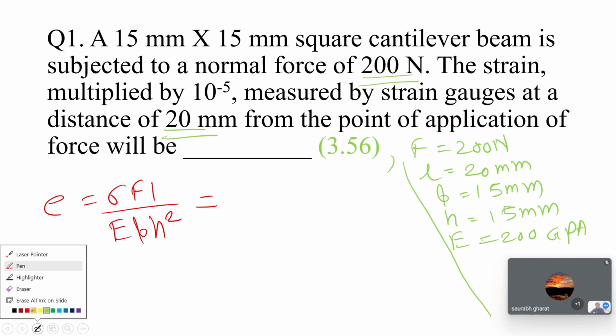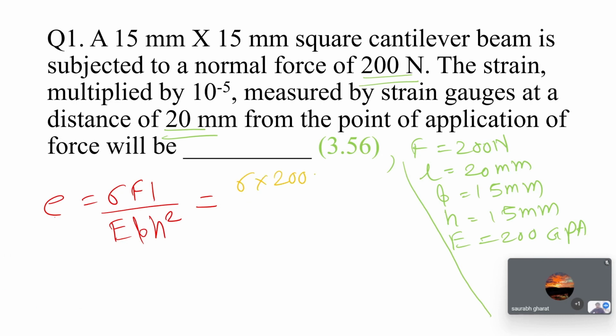So just start writing. It will be 6 into your force, 200, into 20 into 10 raised to minus 3, because the length is in meters, divided by E, which is 200 gigapascal, so 10 raised to 9, into B, 15 into 10 raised to minus 3, into H squared, that is 15 squared into 10 raised to minus 6.